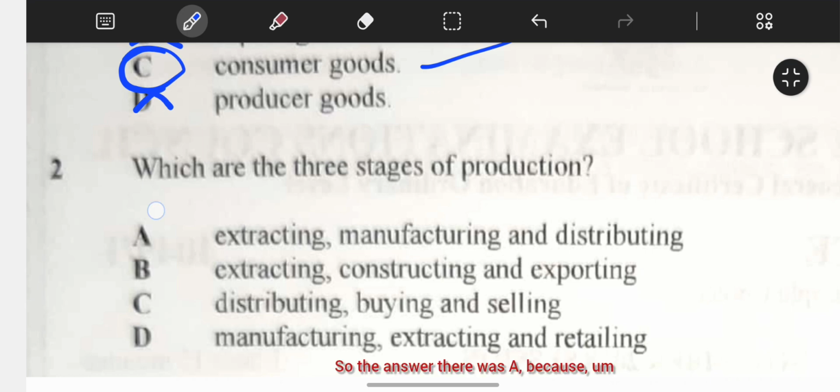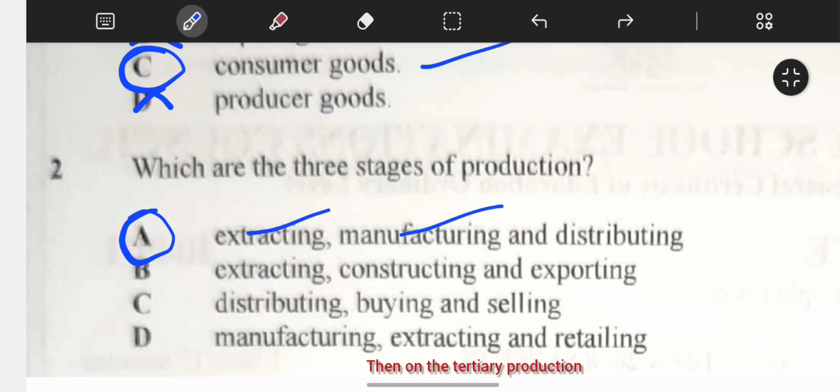So the answer there was A, because it shows the correct steps of the stages of production: at the primary level we extract raw materials, then at the secondary level we manufacture the raw materials, then at the tertiary level we distribute. So this was the correct answer.